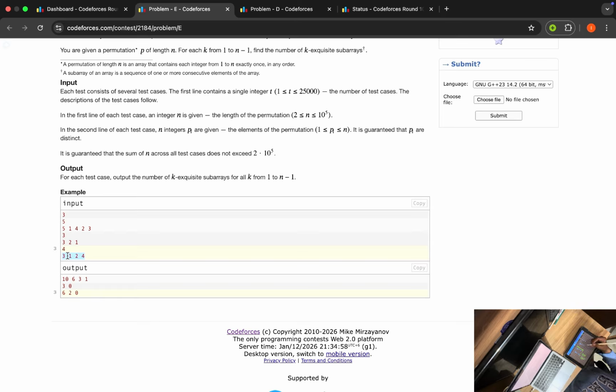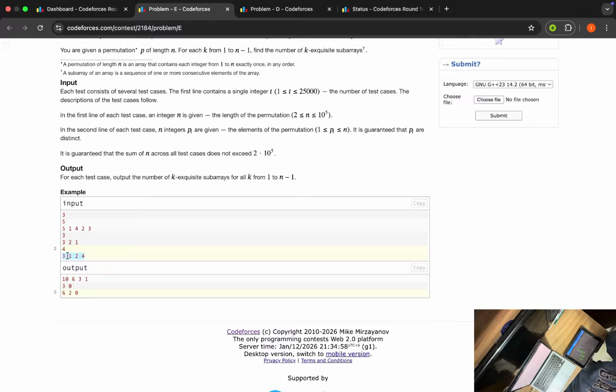For 3, I'm removing this one, so that's the portion, that's the portion, that's the portion, every single one is different portion, so that's why the answer is 0. That's all.